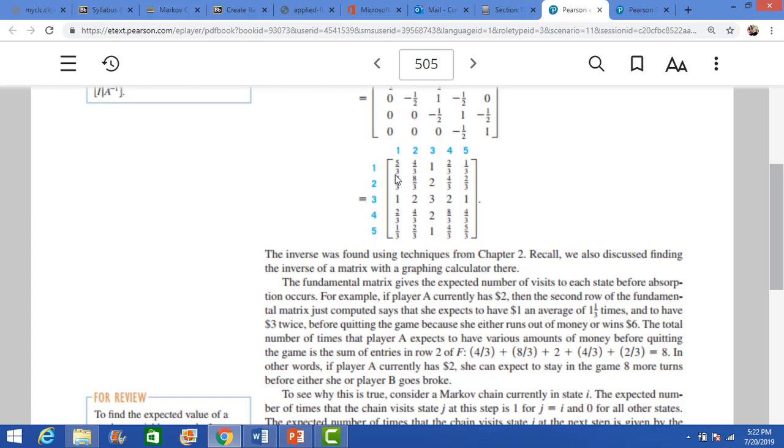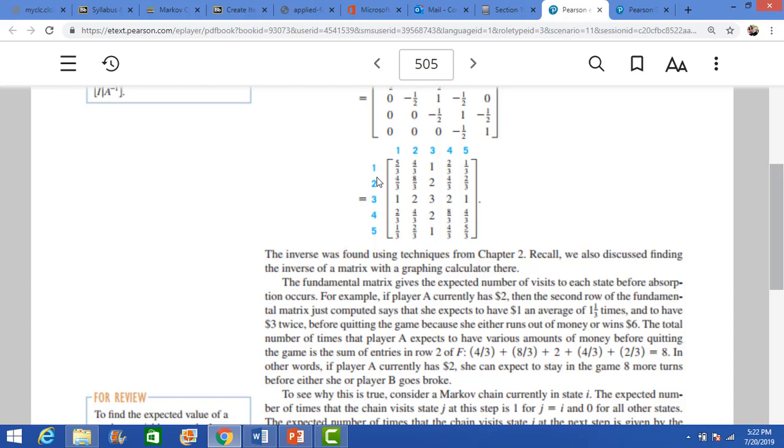If we add up all of these entries in the second row, we get 8. In other words, if player A currently has $2, then in about 8 more turns, either she or player B is going to go broke.